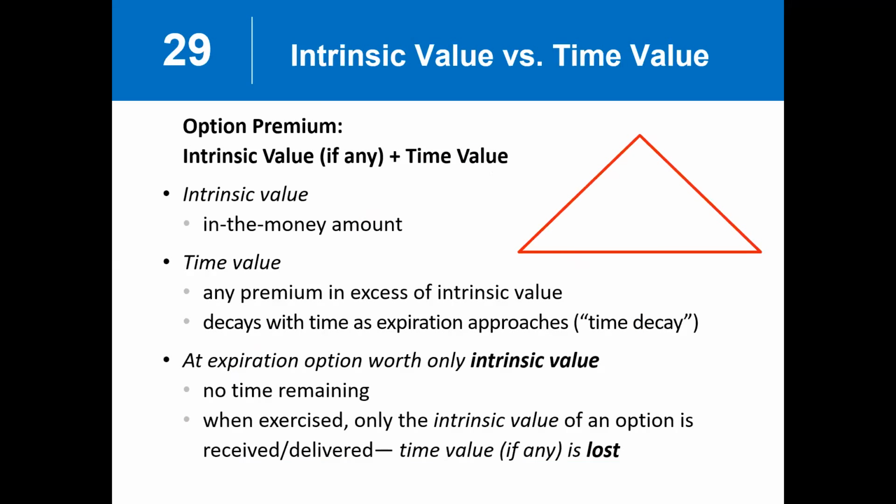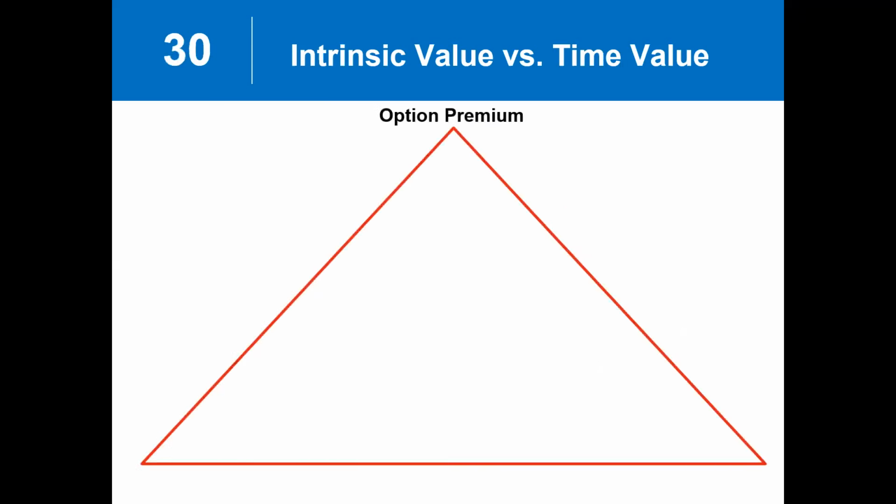And options at expiration are only worth whatever that in the money amount is. So if the contracts are not in the money, there's no value and there's no reason to exercise those contracts.